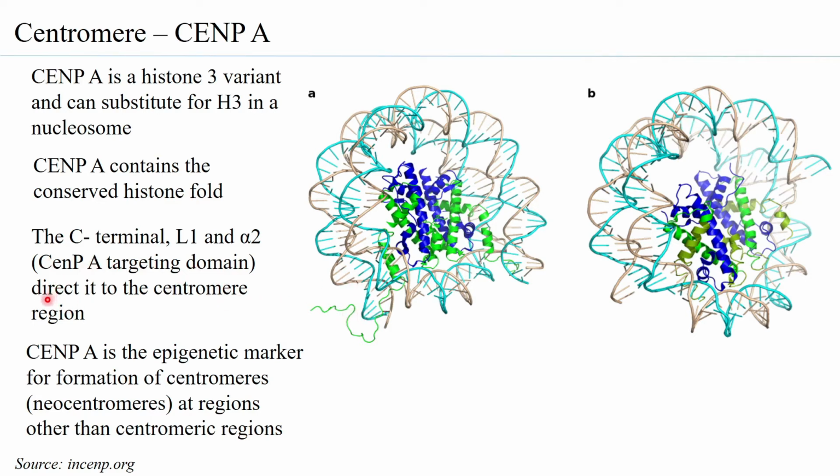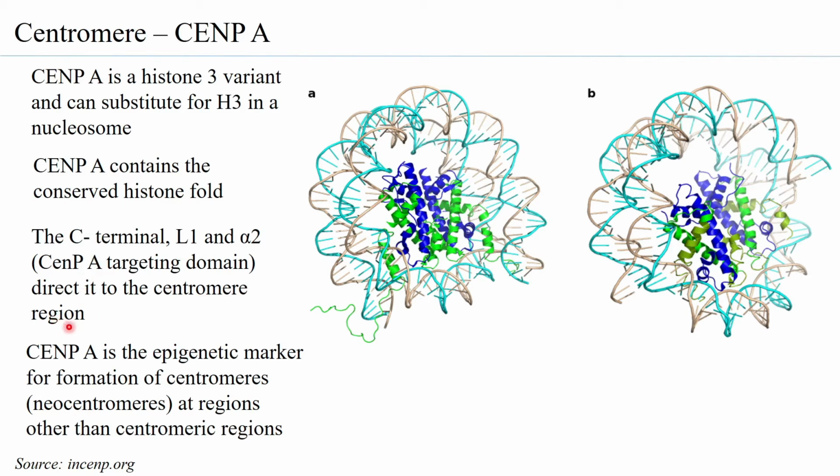In fact, this CENP-A targeting domain has been noted to be targeting the CENP-A to the centromere region. So, there is some connect between the CATD and the centromeric DNA. So, centromeric DNA is able to bind to the CENP-A because of the CATD domain of the CENP-A.